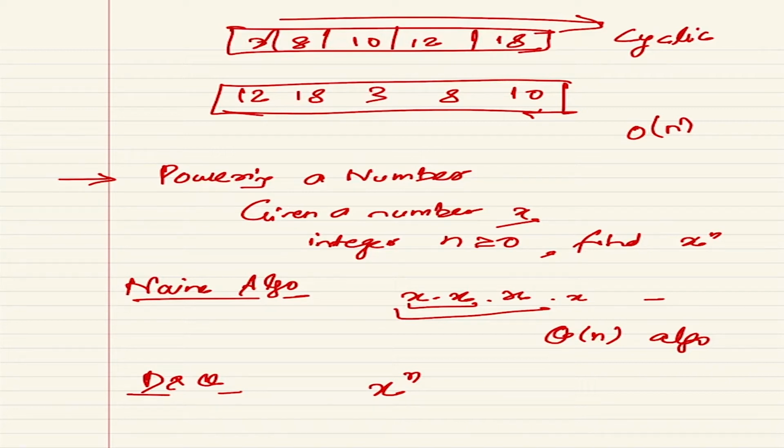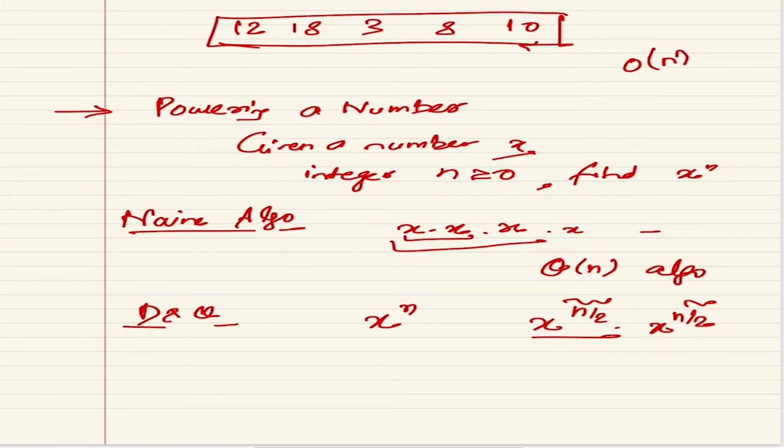Very often the smaller instances are roughly of the same size. So can I divide into two instances of the same size? Sure. In this case that looks easy. So can I say this should be x^(n/2) times x^(n/2)? But then you say okay, no. n/2 should be an integer. Now if n is odd, this will not be an integer.